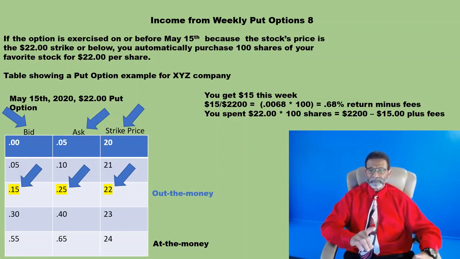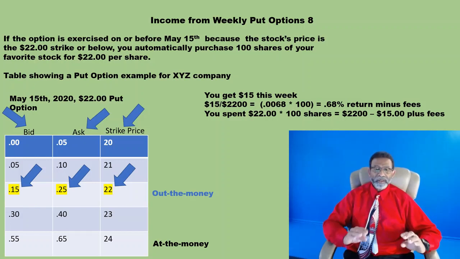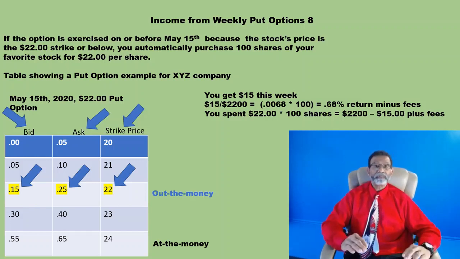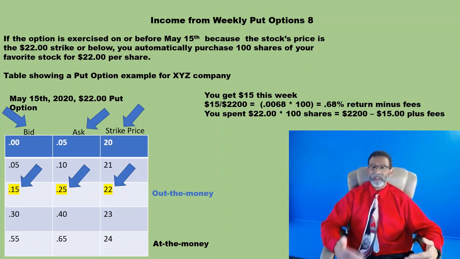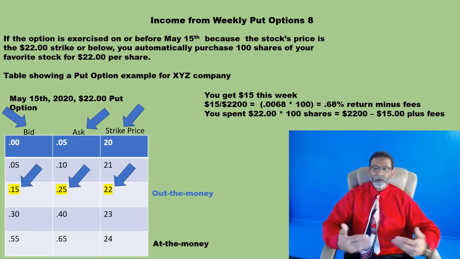But in this particular case, if we put in the amount you spent and subtract the credit you received for the $15 put option, you spent $22 times 100, $2,200 minus $15 plus fees. So you effectively have spent less than the $2,200 by subtracting the credit.